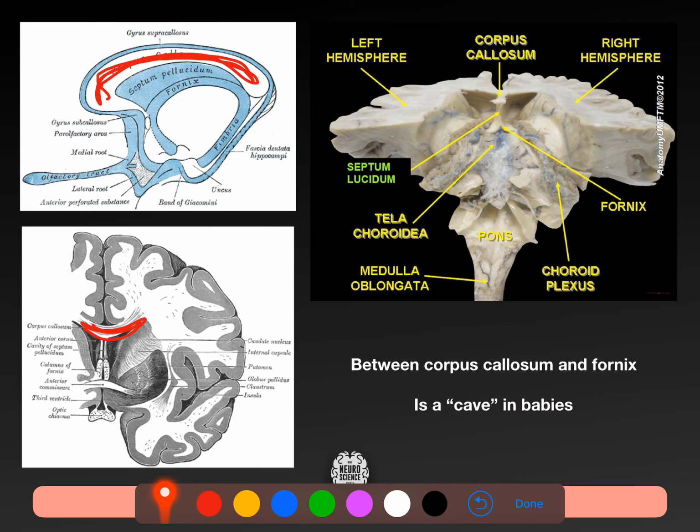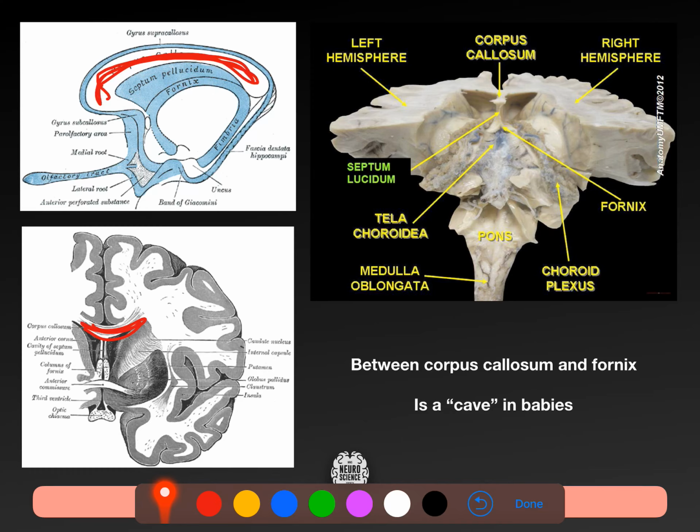So you might see on an axial CT or MR of a younger person, a baby, it's very variable as to when it closes, when the white fibre tracts form around it, but the septum pellucidum is a hole that you will see between the lateral ventricles on either side.